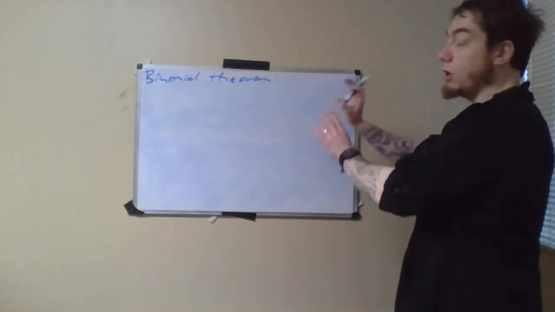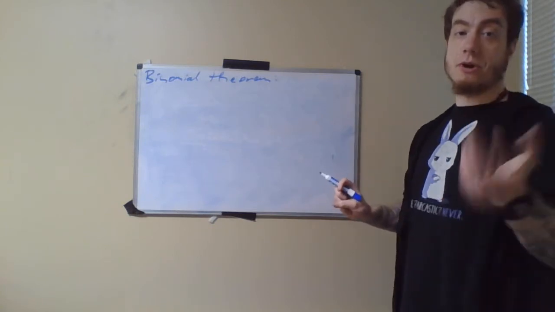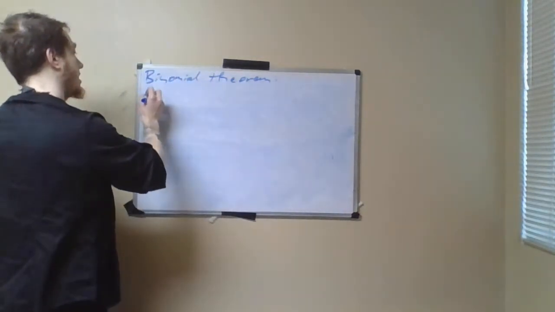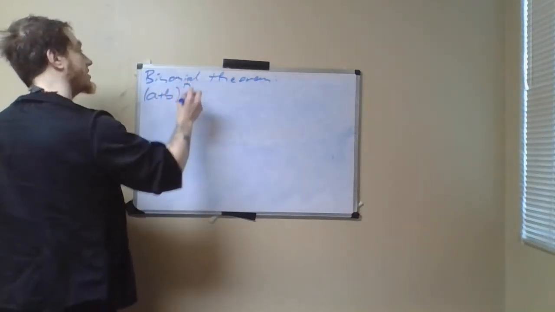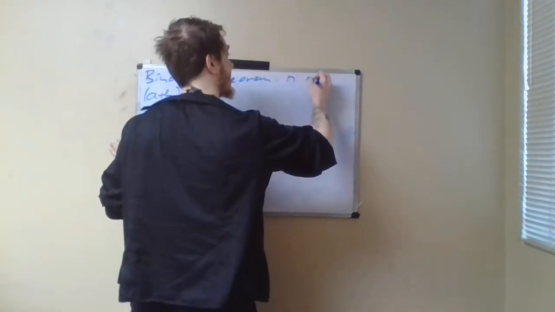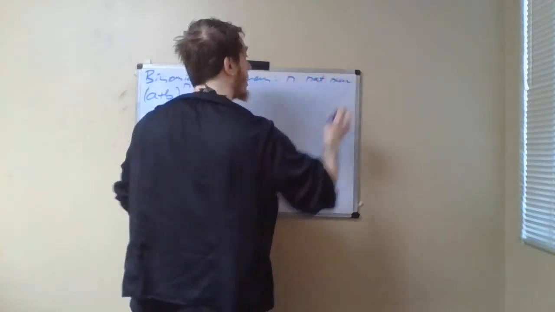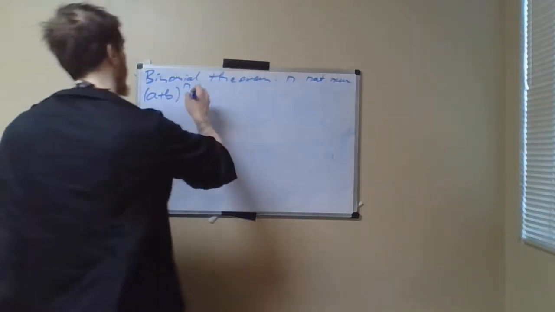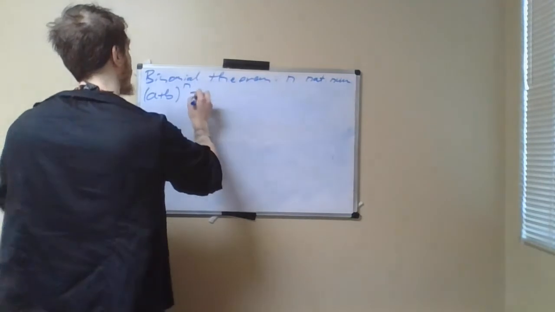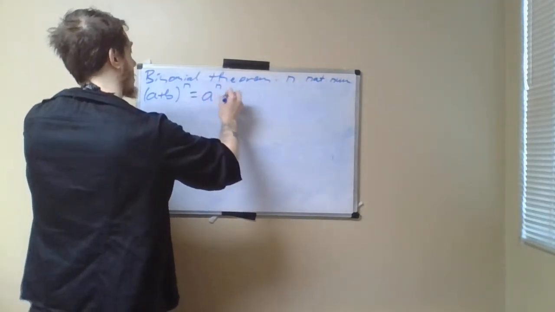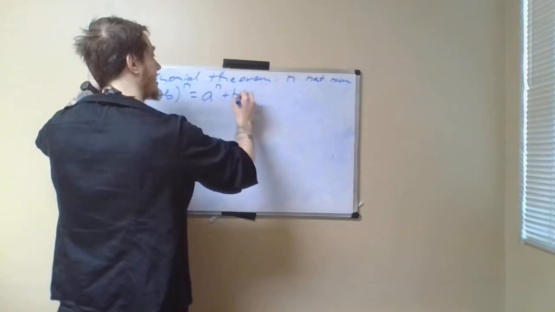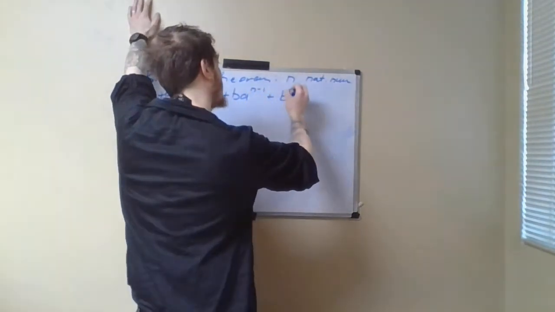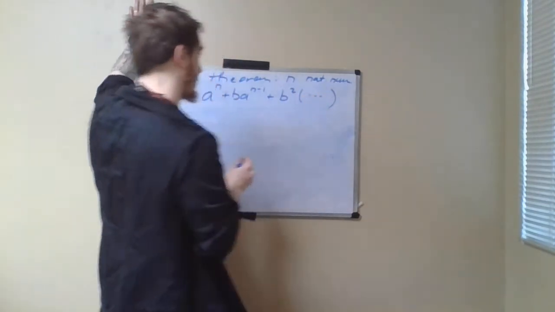What the binomial theorem says in general is rather complicated, but we only need this part of it. If I take a plus b and I raise it to the nth power, where n here is a natural number, so a counting number like 1, 2, 3, 4, and so on, a positive integer, then I get a to the n plus b times a to the n minus 1, plus b squared times a bunch of stuff.